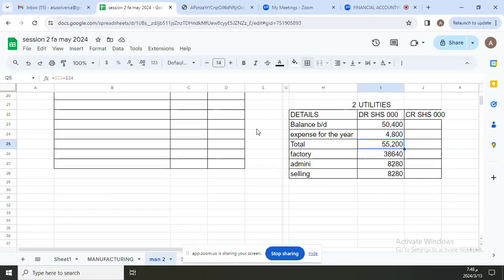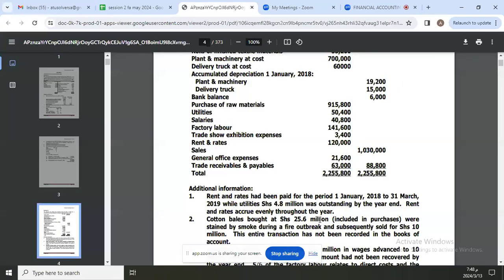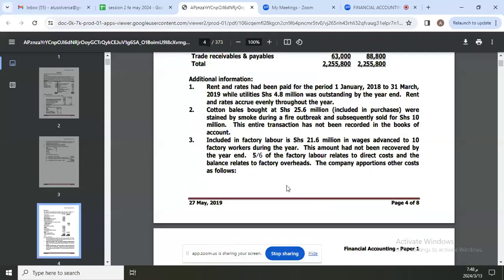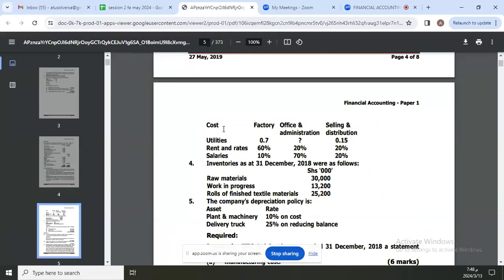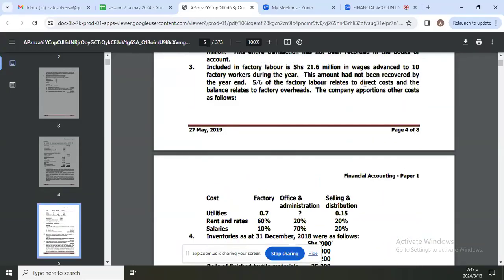Yes. Look at our question. The question is saying that down, the company apportioned their cost as follows: utilities 0.7, selling and distribution 0.15. So when you add 0.7 to 0.15, you get 0.85.